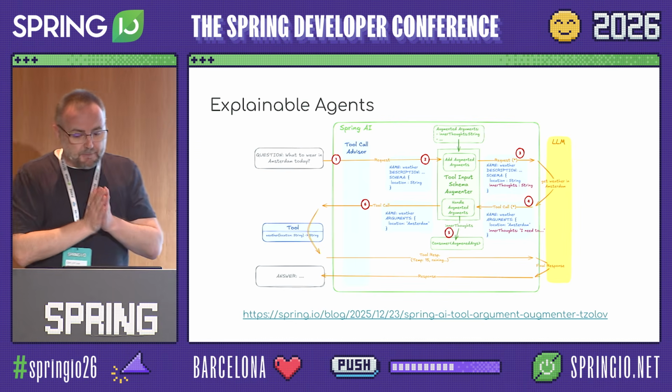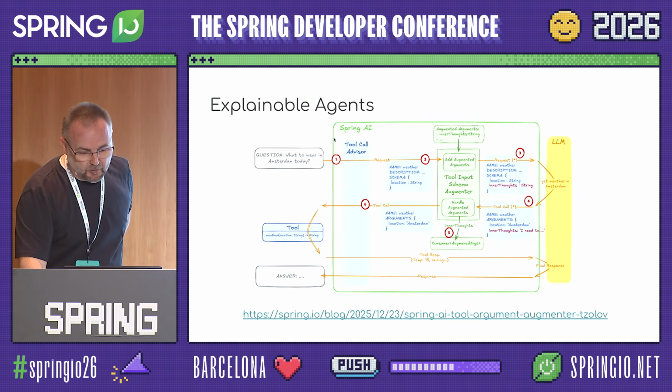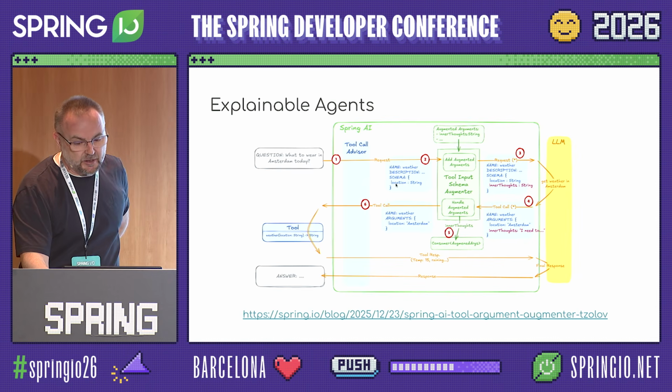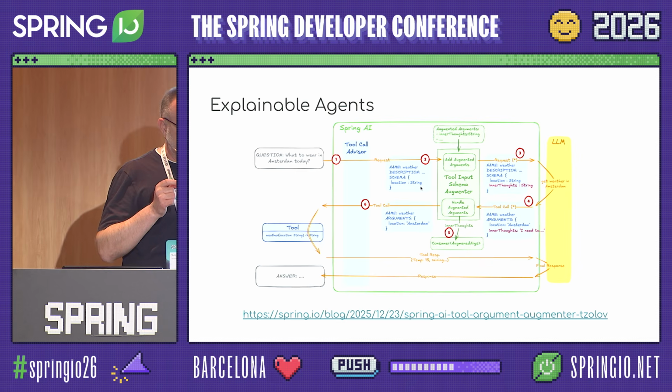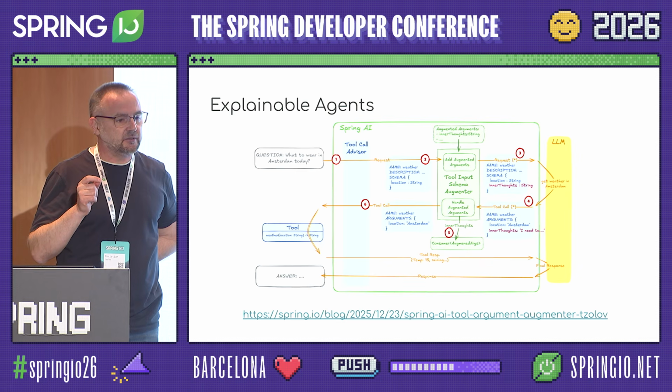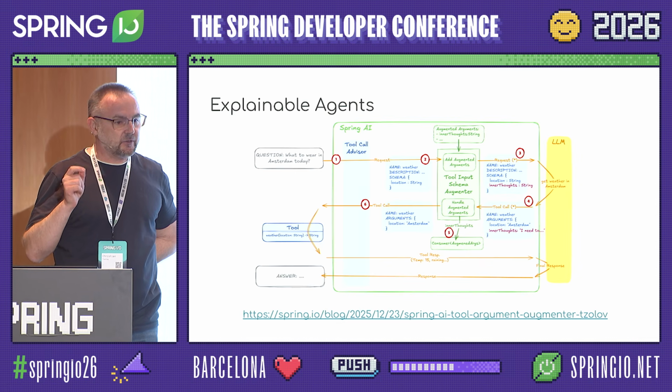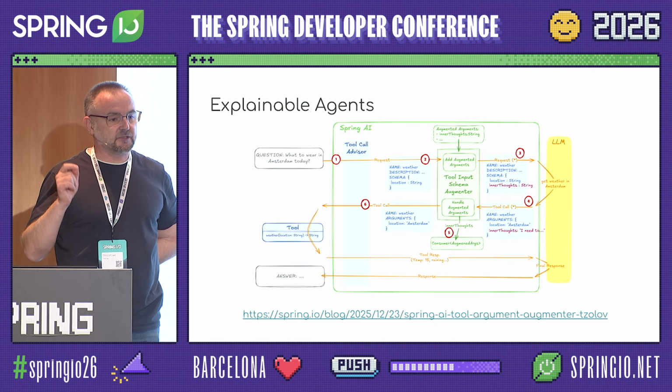And one of the ideas was that, let's say that you have a tool call, the weather one, that has this location information, but you also would like to figure out why the LLM actually called this tool when it calls it. How are we going to do this? You would like to get information why this tool has been called.